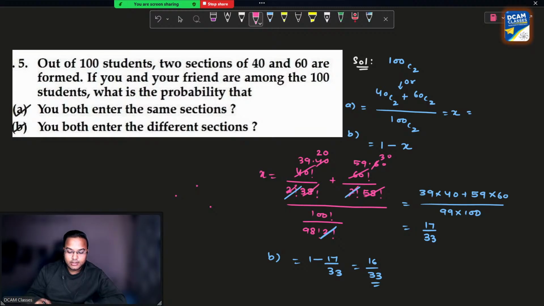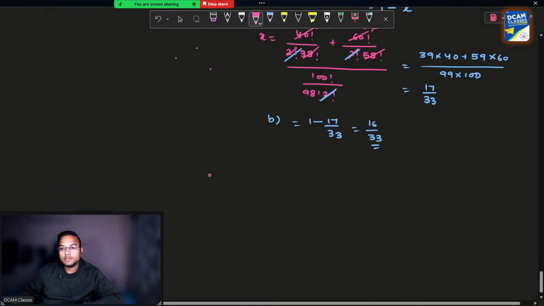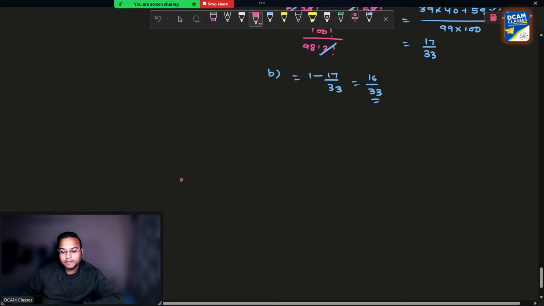See, actually, you have to practice more for this. It will be helpful for you for class 12. The more you practice, the more your logic will become clear and the easier it will be for you to do the difficult questions on probability.